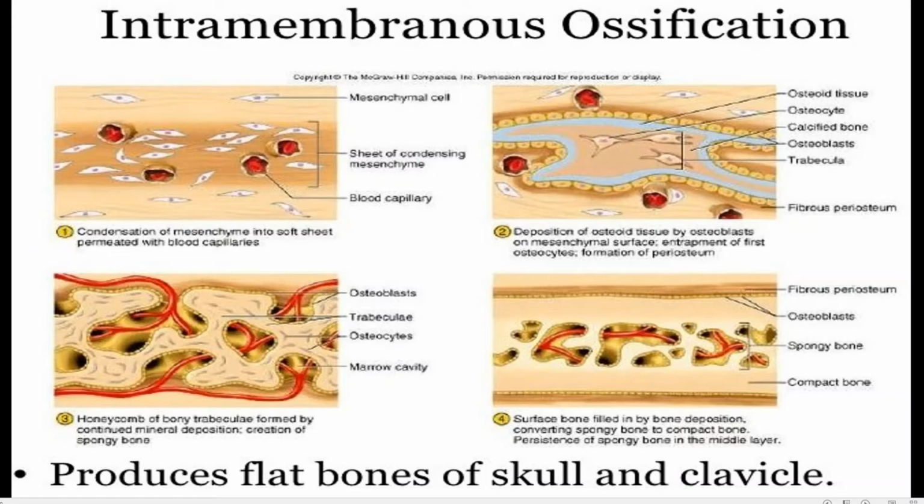And the mandible, the maxilla, the clavicle, and the flat bones of the skull are formed by this process. And the fontanelles of the newborn skull represent the areas where intramembranous ossification is occurring.